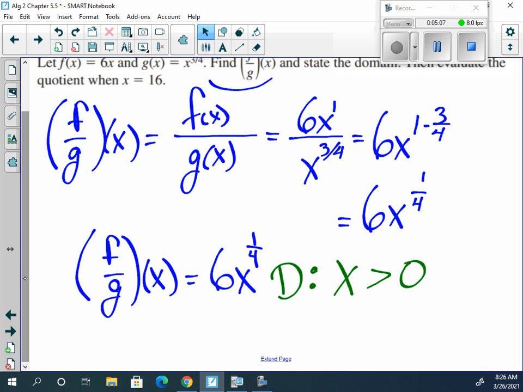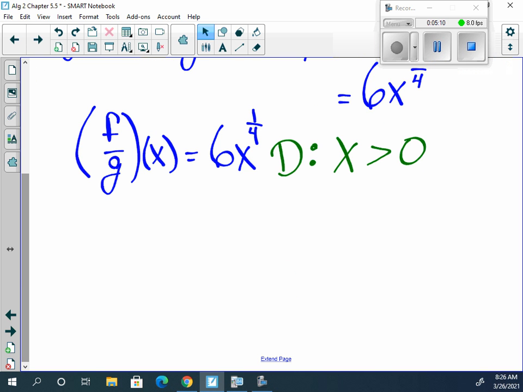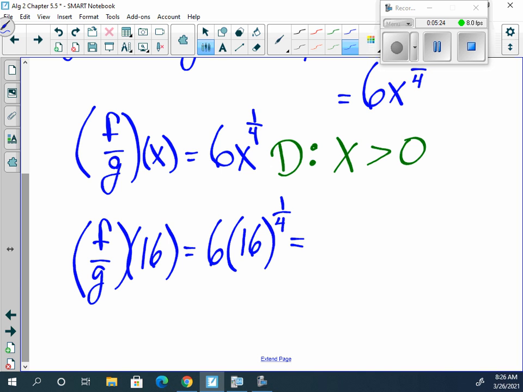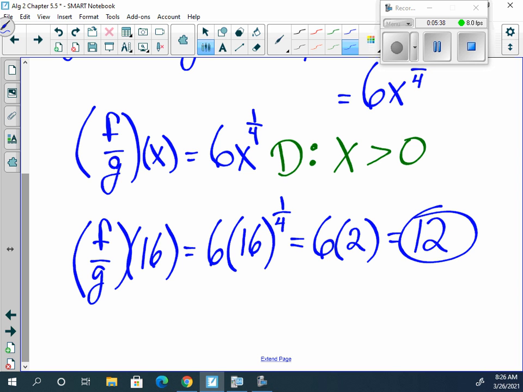And last but not least, we need to find out what it is when x is equal to 16. So we'd have f divided by g of 16, which would be 6 times 16 to the 1/4. And again, at this point here, I would just type this into the calculator, because we can do it by hand. 16 to the 1/4 is 2, and 6 times 2 would give us 12.